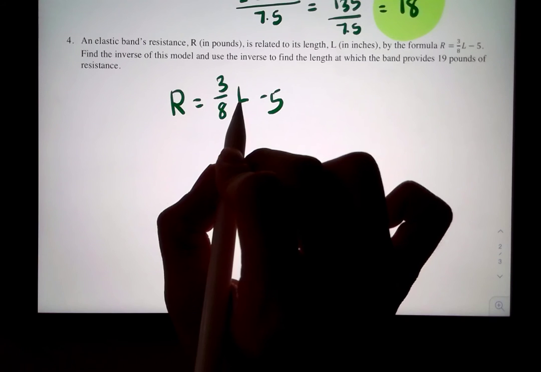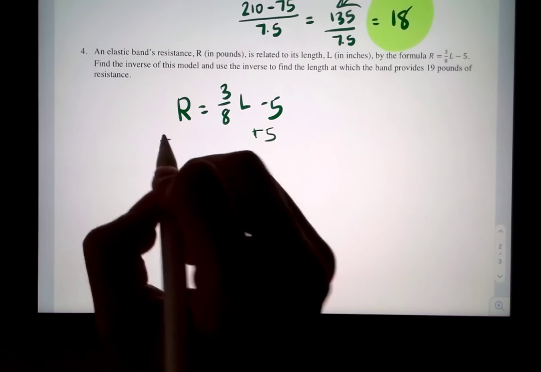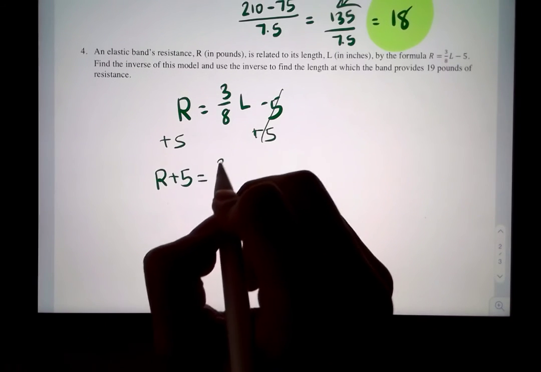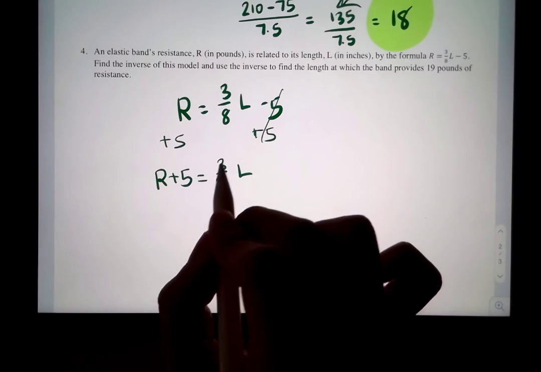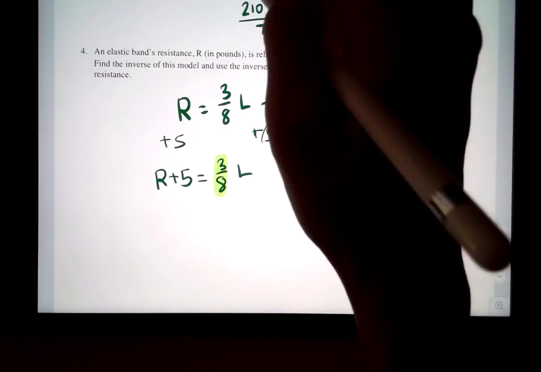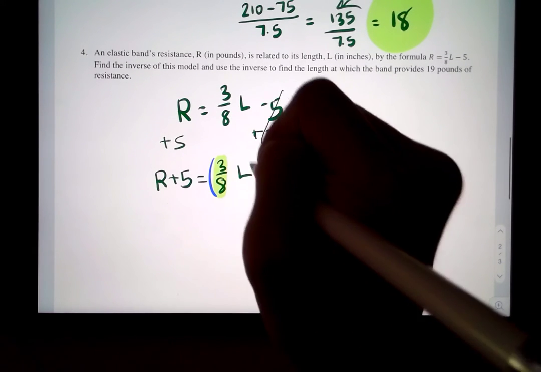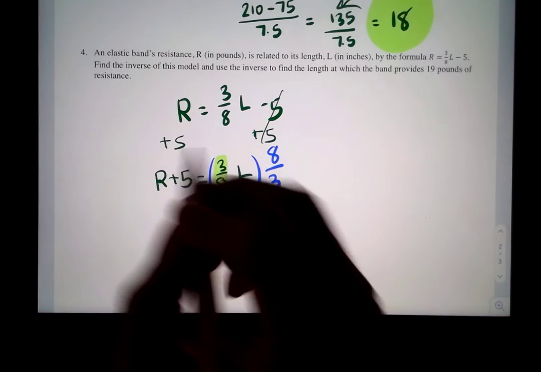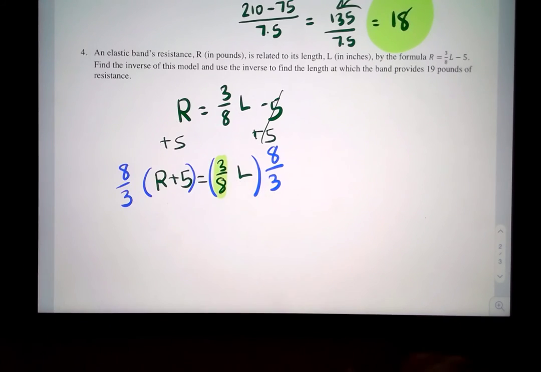I want to solve it for L, so get rid of this 5: plus 5, then you get R plus 5 equals 3 over 8 L. And to get rid of this 3 over 8, I will multiply by 8 over 3, and you do the same thing on the other side, multiply by 8 over 3.